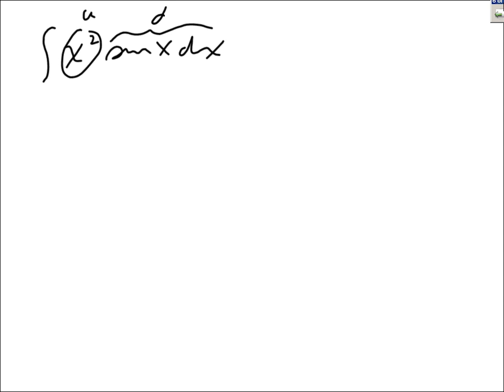Okay. So now let's look at this problem. Suppose you had x squared sine x dx. Let's try to do this by parts. I'm going to call that u, and I'm going to call that dv.